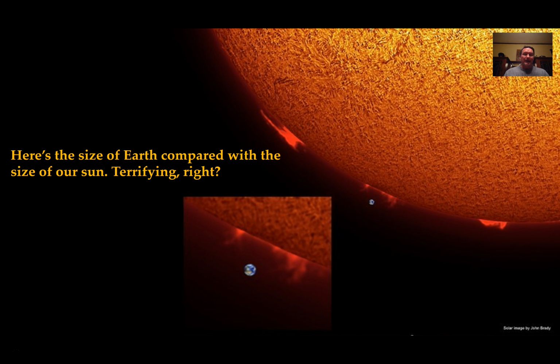Here you can see, this is just a really cool picture. I like always doing comparisons of sizes of planets to stars and other objects. Of course, we're going to use the Earth pretty much always. But just imagine something like a solar flare coming off of the sun.